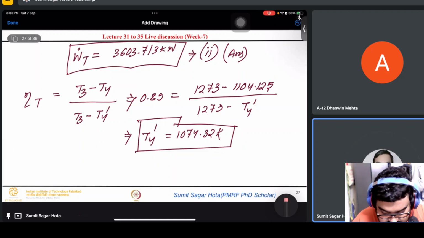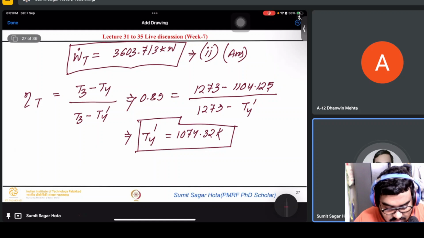So now let's apply the isentropic relation between T3 and T4 dash position, or 3 and 4 position, whatever.